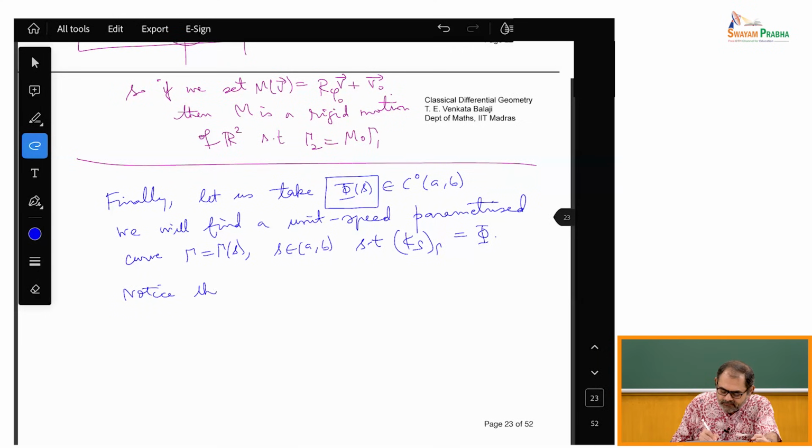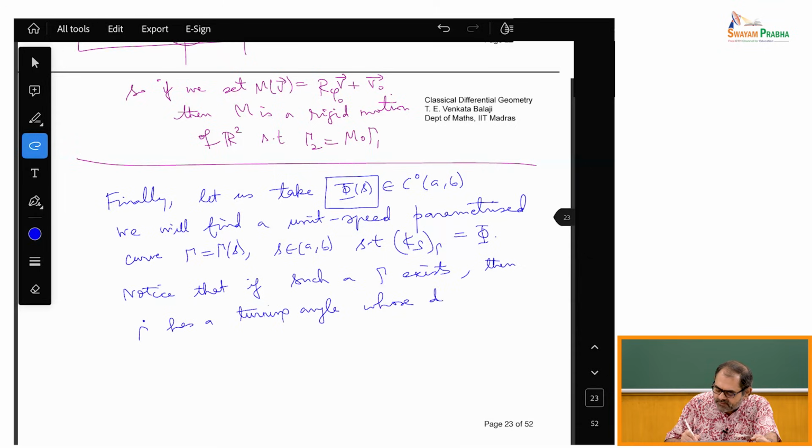So notice that if such a gamma exists, then gamma dot has a turning angle whose derivative is capital phi.